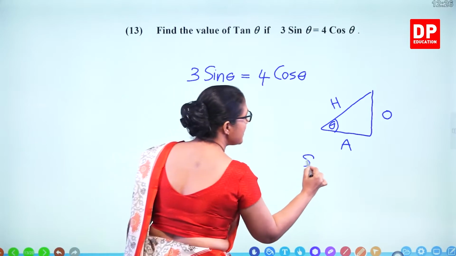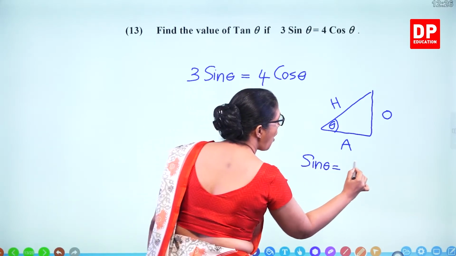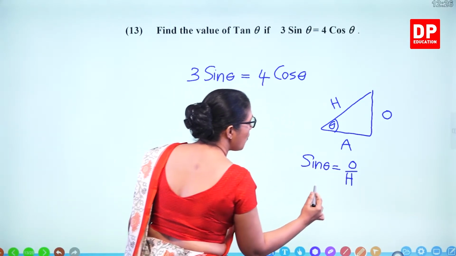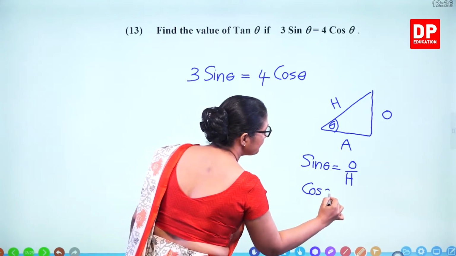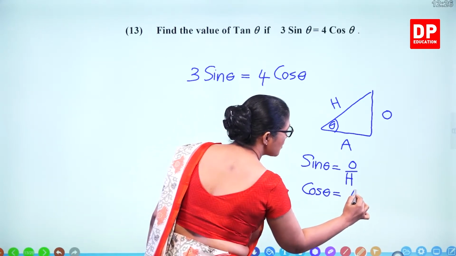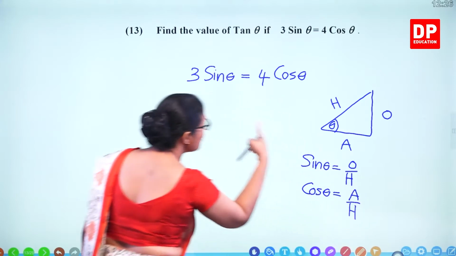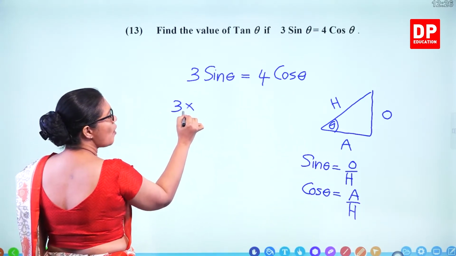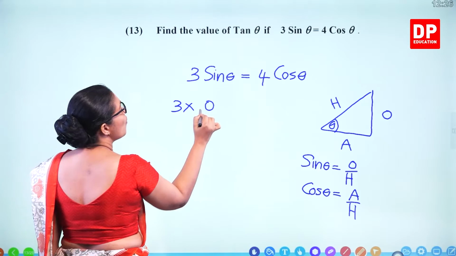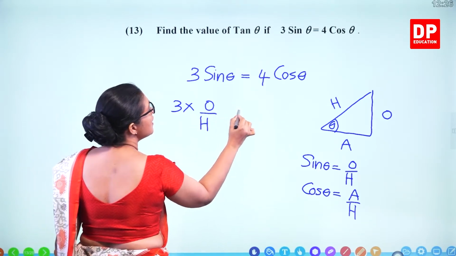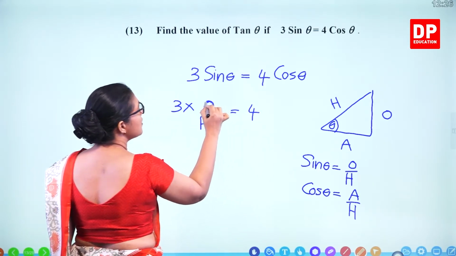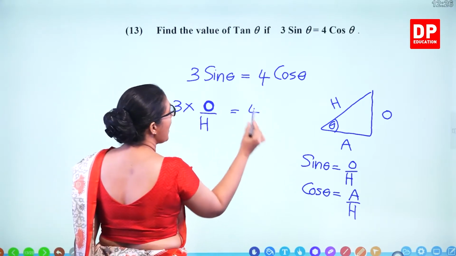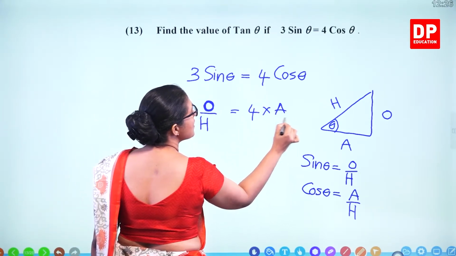So what is sine theta according to the ratio? Opposite over hypotenuse. What is cos theta? Adjacent over hypotenuse. So we'll substitute here and see what happens. Opposite over hypotenuse, and adjacent over hypotenuse.